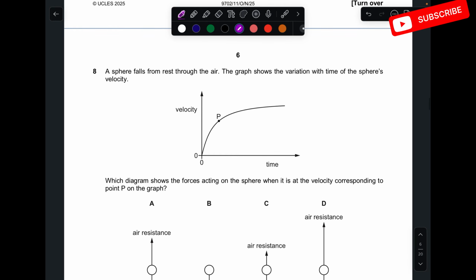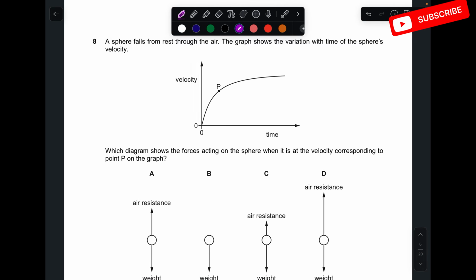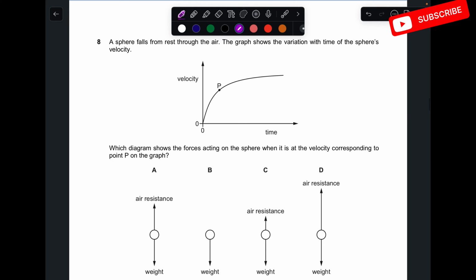In question 8, a sphere falls from rest through the air. The graph shows the variation of the velocity of the sphere with time. Which diagram shows the forces acting on the sphere when it is at the velocity corresponding to the graph? Okay, if you see at this point, the air resistance will be negligible, or you can say 0.